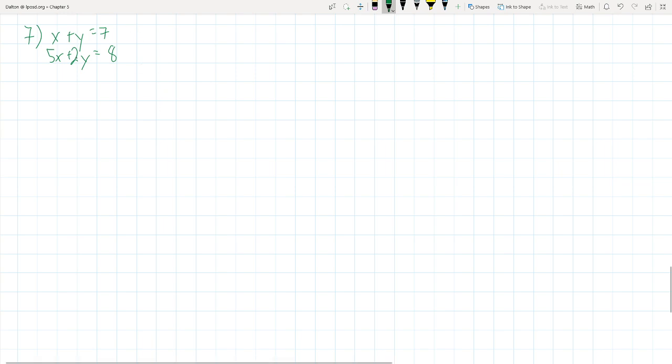So what we can do is we can say, hey, I want to eliminate y. And you could say x if you wanted to, but I'm going to choose y. Now I have to look at those. I have a y and I have a positive 2y.